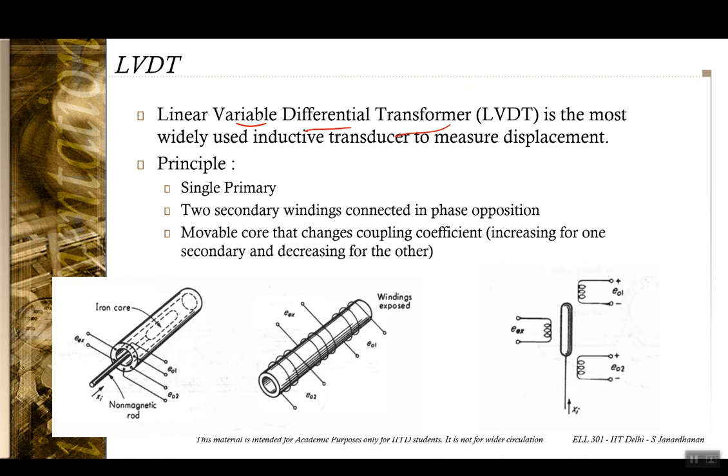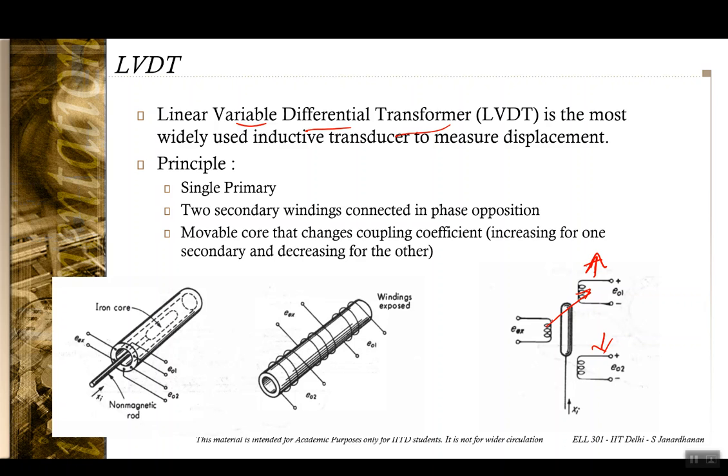The construction is like this. It has a single primary and two secondary windings that would be connected in phase opposition to one another, and you have a movable core that changes the coupling coefficient of the primary with each of the secondaries. The movement of the core in one direction is going to increase the coupling with one of the secondaries and simultaneously decrease the coupling with the other.